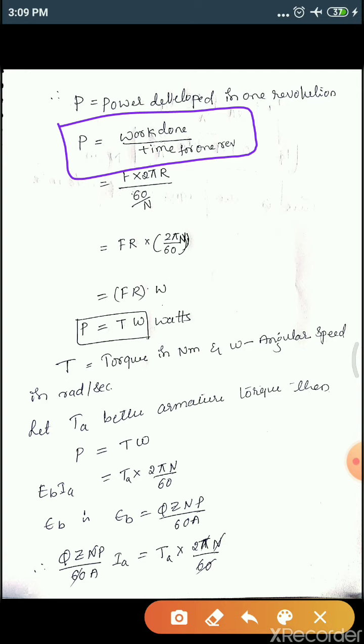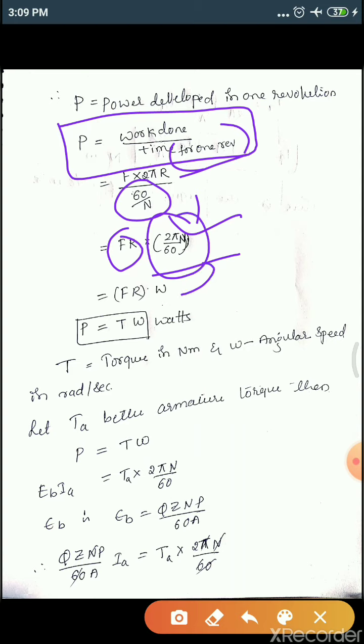The work done for one revolution is F into 2 pi r, divided by the time, which is 60 by N. Keeping Fr aside, you get 2 pi N by 60, which is nothing but omega. So P is equal to Fr into omega, and since torque is the twisting force, this can be represented as P equal to T into omega watts. Here T is the torque in newton meter and omega is the angular speed in radian per second.